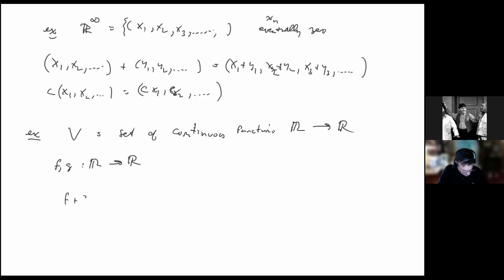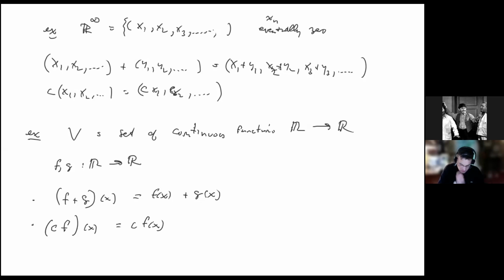So you can take f plus g, and that's a new function. And how do you define it? F plus g applied to a point x in the real line is f of x plus g of x. That's how you define function addition. And you could also define scalar multiplication: cf applied to x, you take f of x and then multiply it by c. And so this forms a vector space under this operation of function addition and function scalar multiplication.